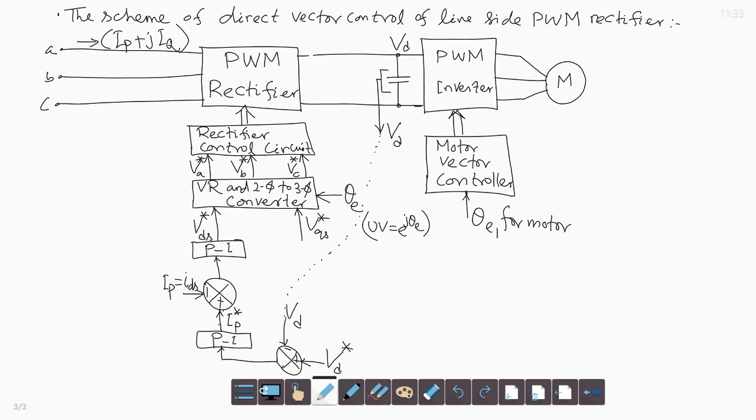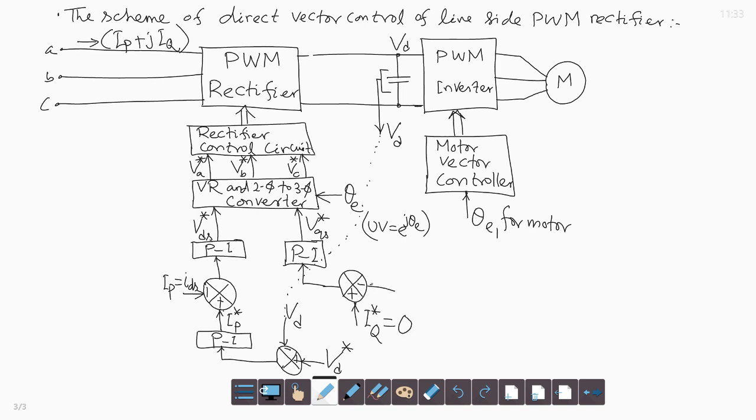Similarly, VQ star is also generated from a PI controller. Here we have the reference value of IQ, that is IQ star, which is to be kept at 0 for unit vector.